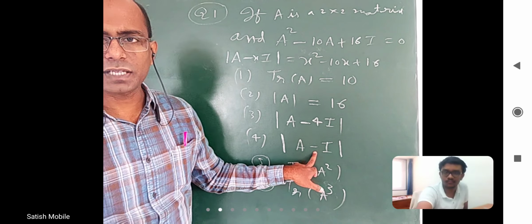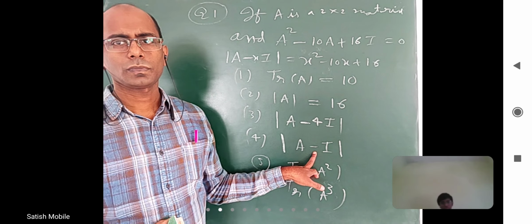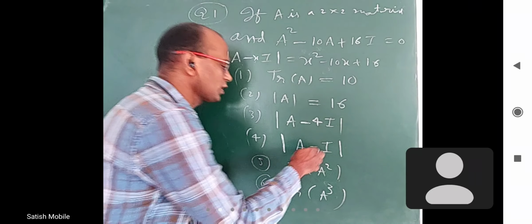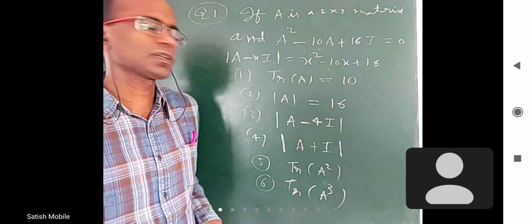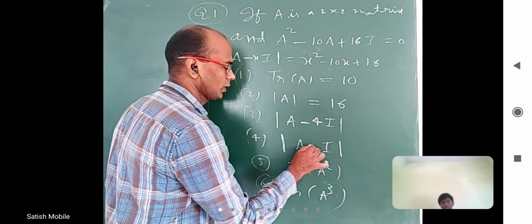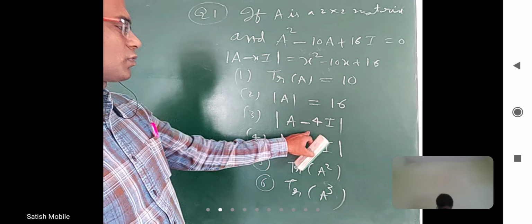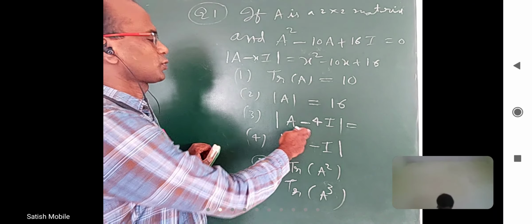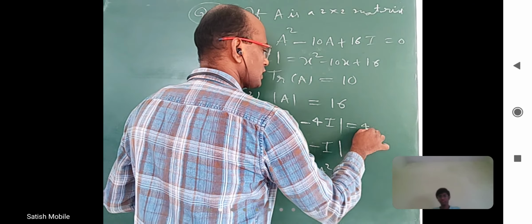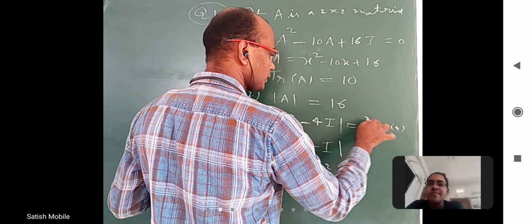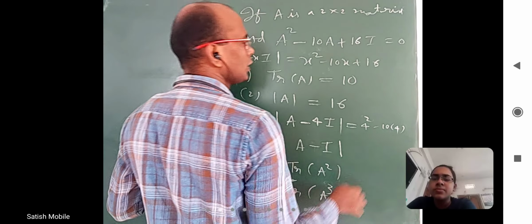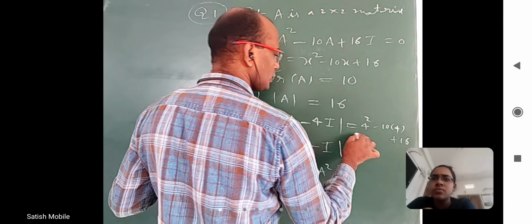And how will you get this answer? x equal to 1. If I want det of A plus I, what will you do? Put x equal to minus 1. So any determinant you can find. So now this is very simple. Substitute this 4, you will get 4 square minus 10 into 4 plus 16.